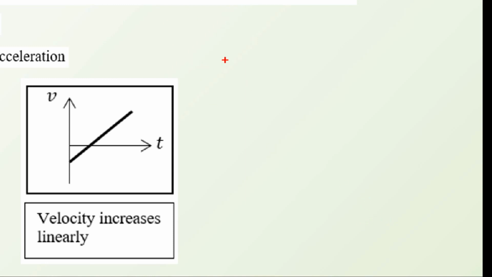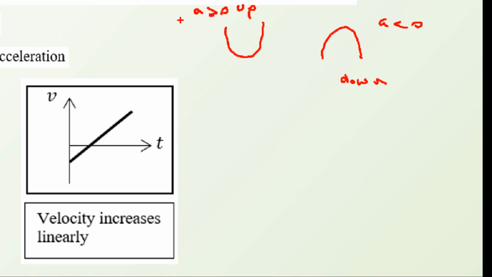Quadratic means it's a parabola. It's either like that or like that. This is a quadratic opened up, and this is opened down. This corresponds to a positive acceleration, and this corresponds to a negative acceleration. Now we're in the case of the positive acceleration, so the shape will be something like this.